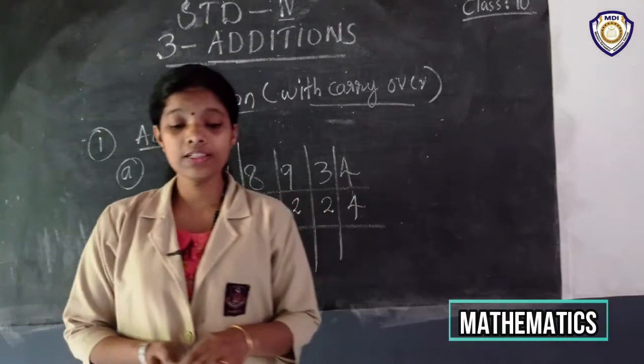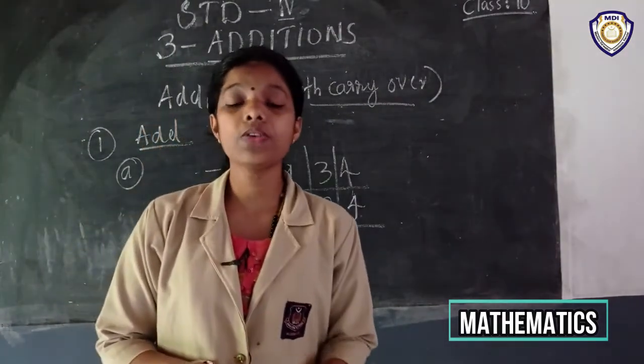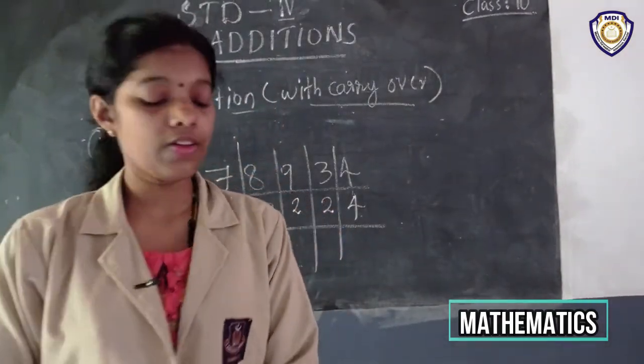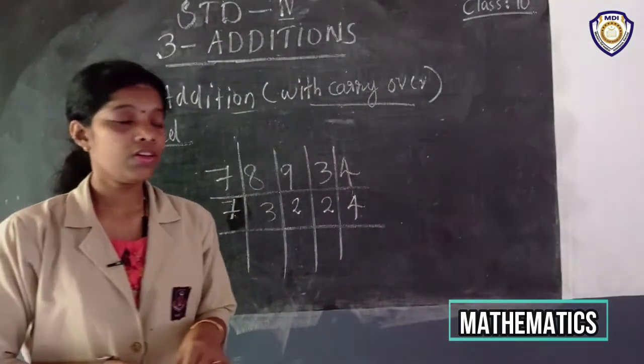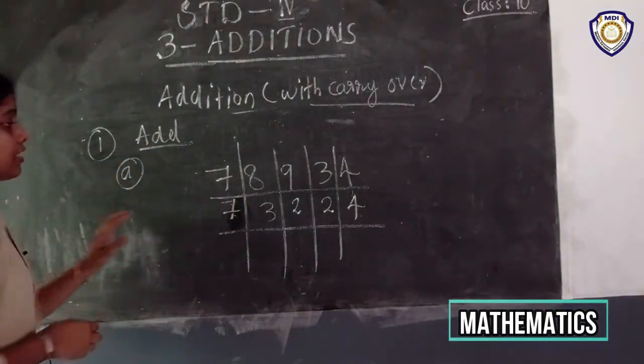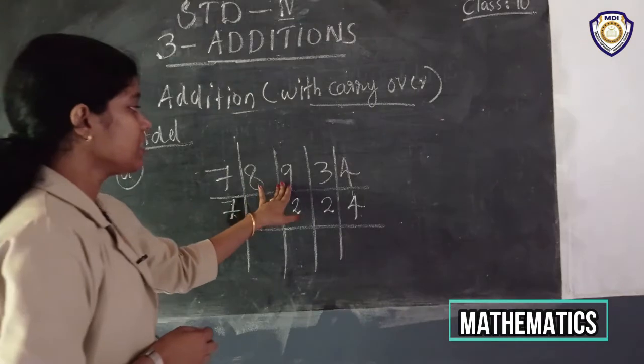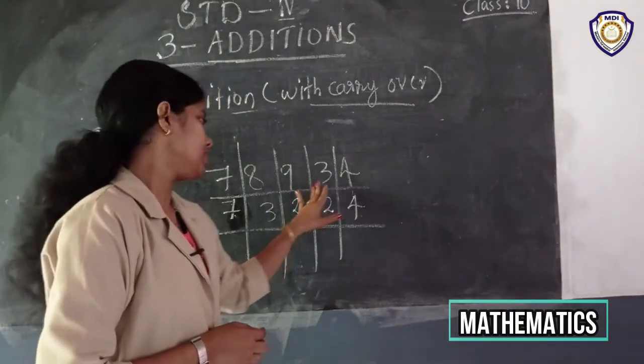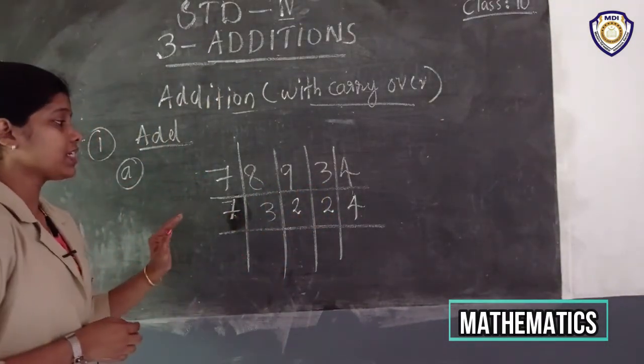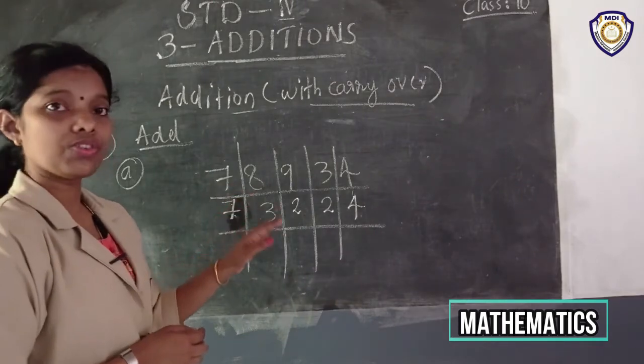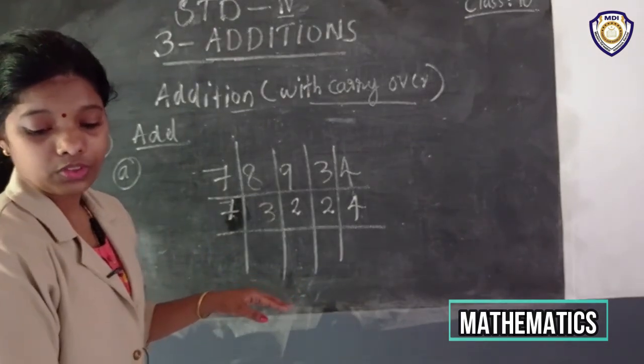I will explain some questions. The remaining are your homework. Okay, first one, A: 78,934 plus 73,224.